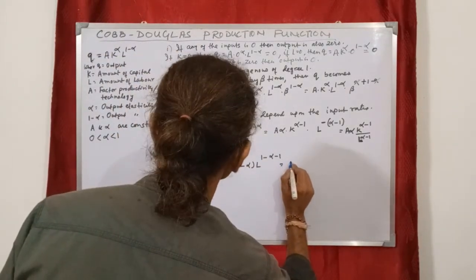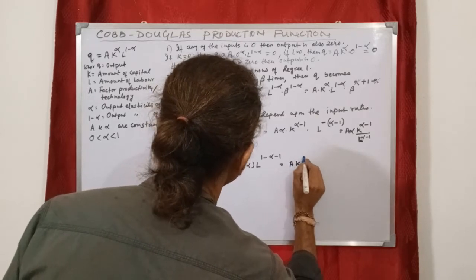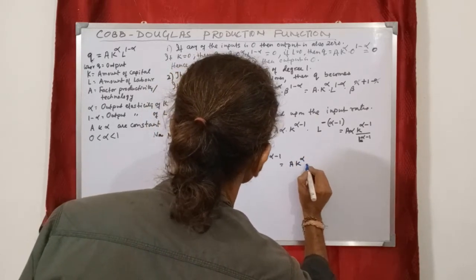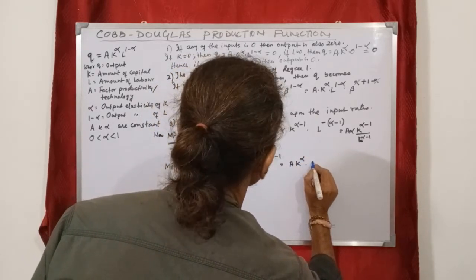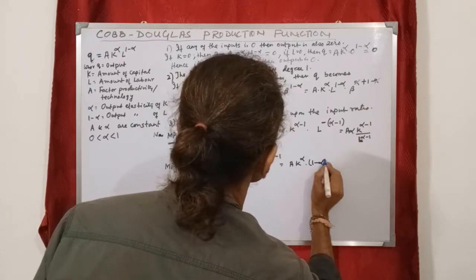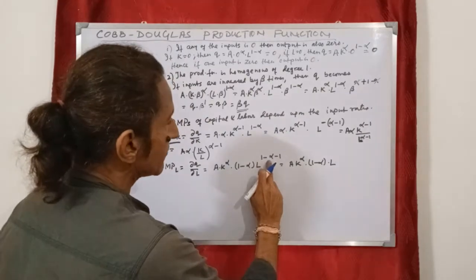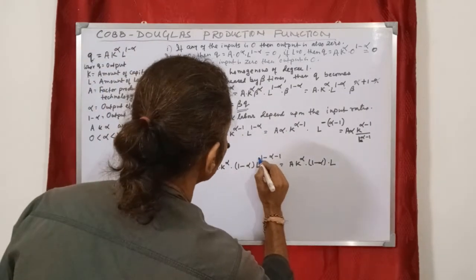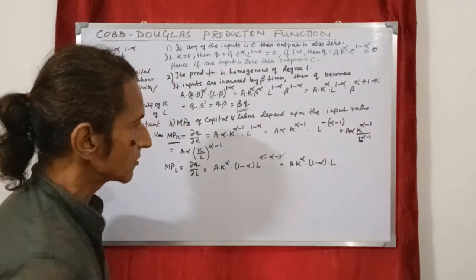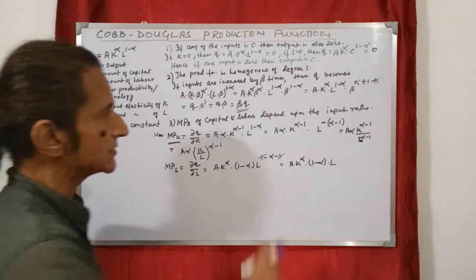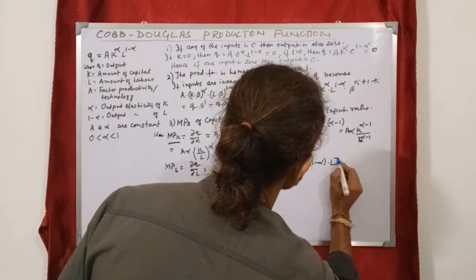So this is equal to A K to the power alpha, 1 minus alpha, into L to the power 1 minus alpha minus 1. So plus 1 minus 1 cross out each other. So remains L to the power minus alpha.